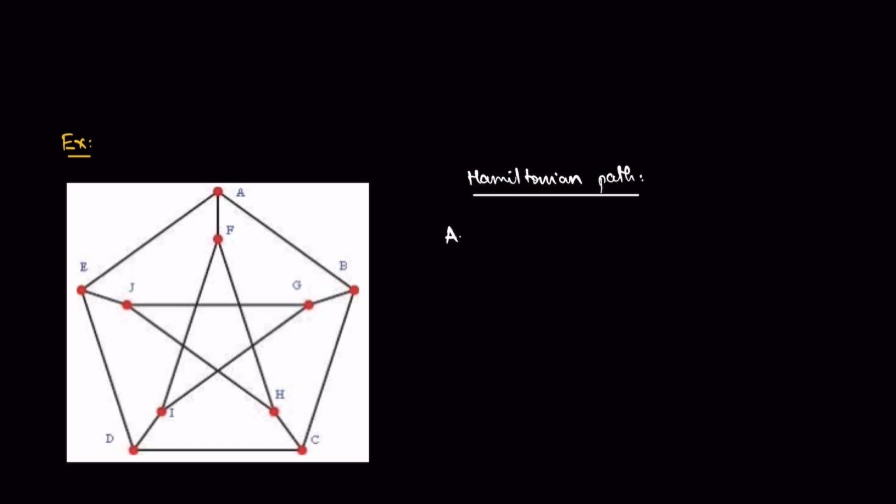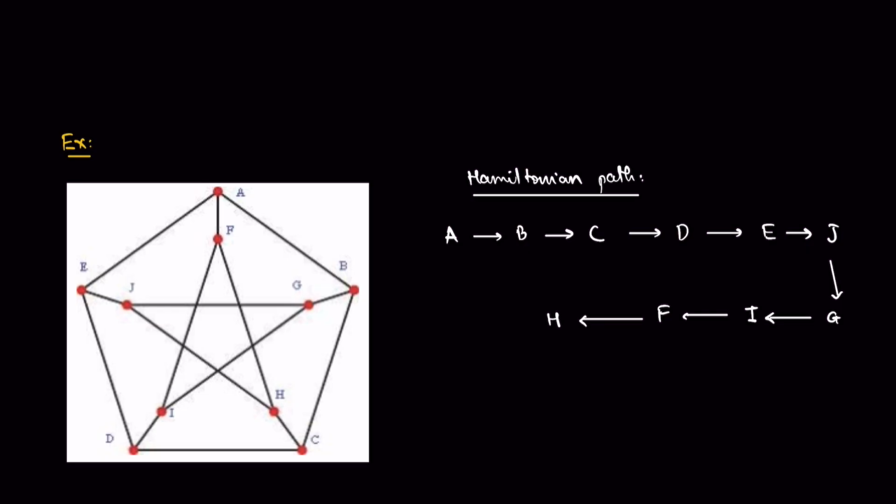I'm going to start with A. I'm going to go to B. From B, I'm going to go to C, then go to D, then go to E, then go to J. From J, I'm going to go to G. From G, I'm going to go to I. From I, I'm going to go to F. From F, I'm going to go to H. And I have just completed the Hamiltonian path.